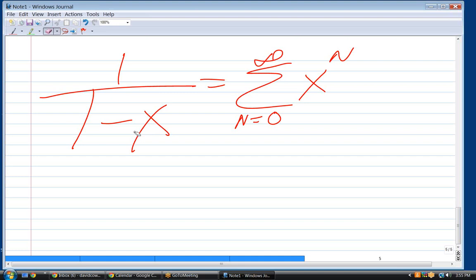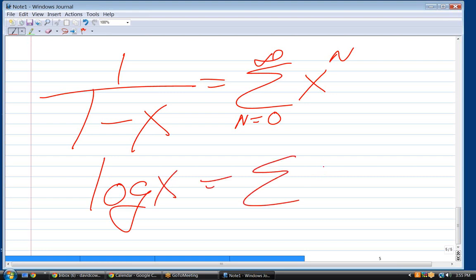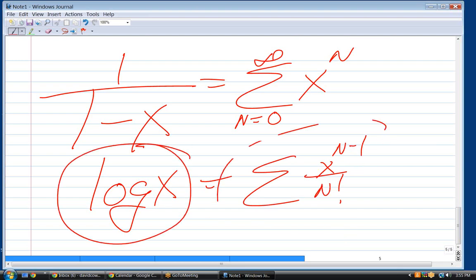And there's other series. I can approximate the log of x with a series. I think that's, I don't know, x over n factorial or something like that. Okay? The thing is that I can approximate a function with an infinite series.